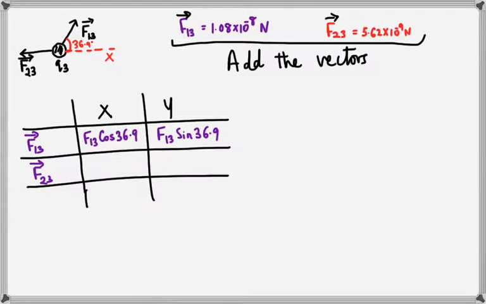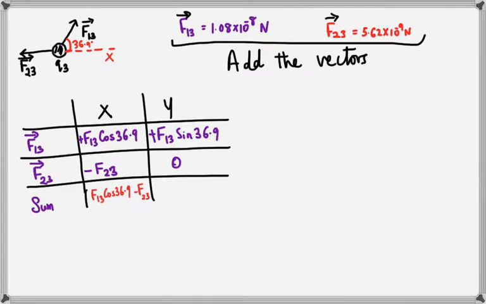The y component will be F13 sin 36.9. Both of them are positive because x is towards the right and y is upwards. F23 will be negative F23 in the x direction, negative because it's pointing towards the left. And the y component will be 0 because it does not make any angle.